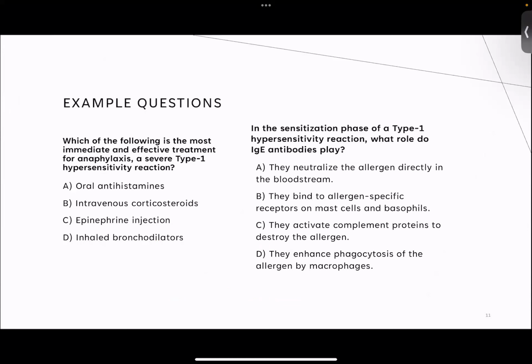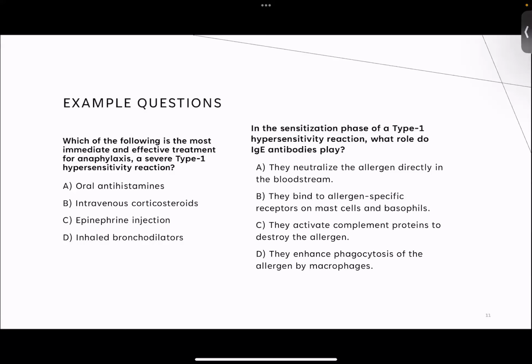So our questions to review this stuff: which of the following is the most immediate and effective treatment for anaphylaxis? So we know anaphylaxis is a systemic response. This happens through the bloodstream. Anaphylaxis can cause constriction of the airways and reduce blood flow to the extremities. This is a type 1 hypersensitivity reaction.